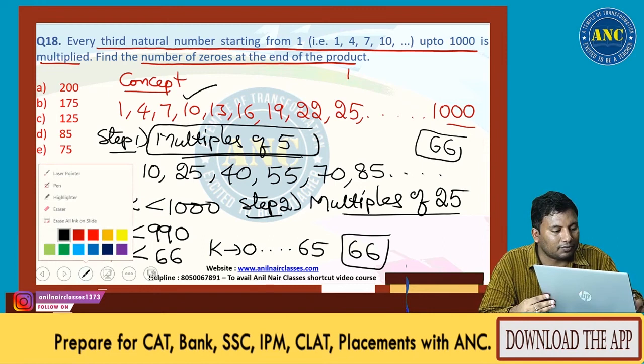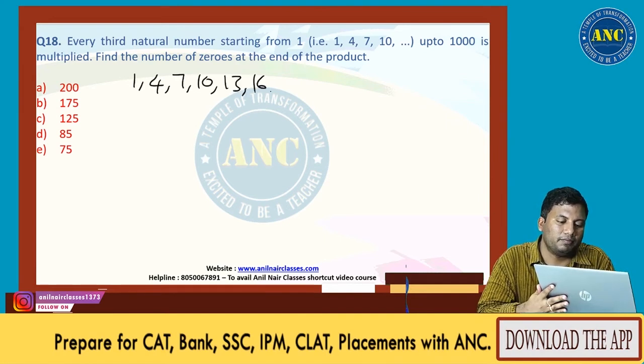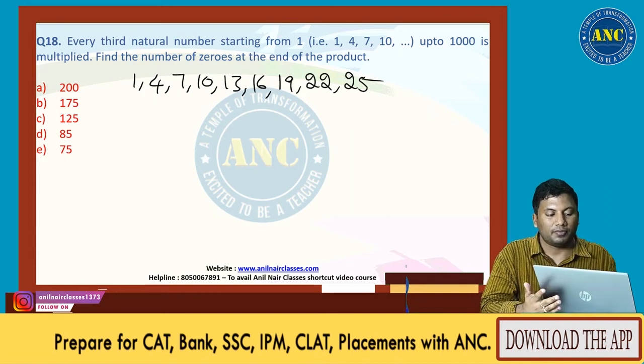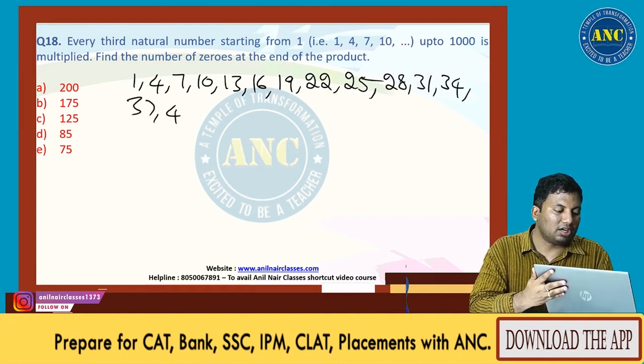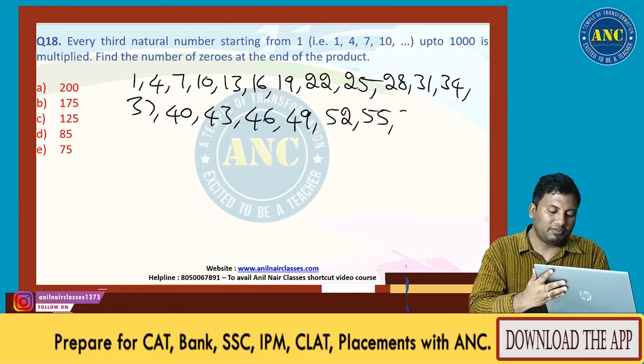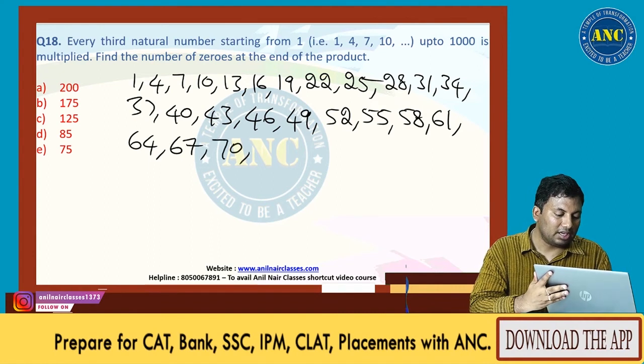The series is like this: 1, 4, 7, 10, 13, 16, 19, 22, 25, 28, 31, 34, 37, 40, 43, 46, 49, 52, 55, 58, 61, 64, 67, 70, 73.